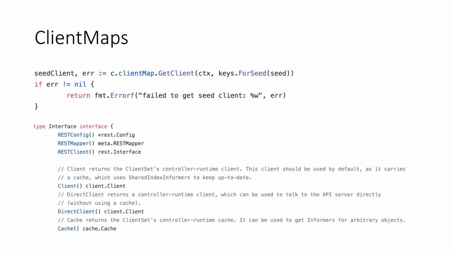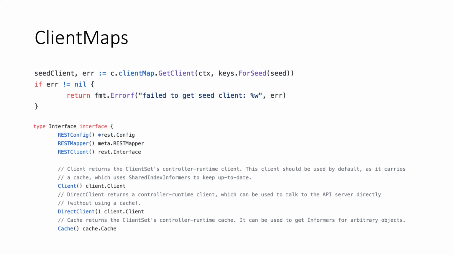This client set has a new function called start. So if you construct the client set on your own, you will basically have to call start before using the cache client. But if you are using the client map to retrieve the client set, like for example here, which I adapted in all of our controllers, the client is immediately started by the client map. So you don't have to do anything for it. The cache is started. Yes, exactly.